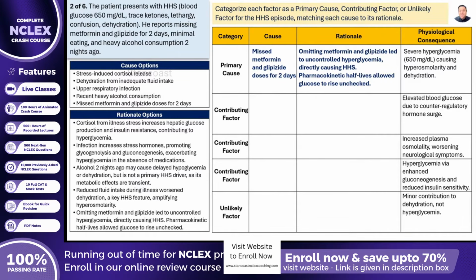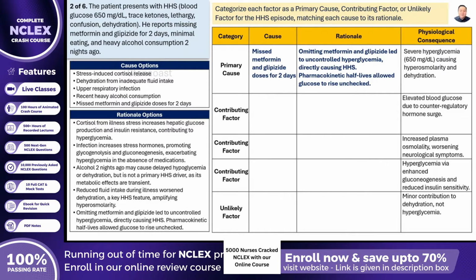This is going to lead to very serious fluid loss and result in the patient's dehydration. And the bottom line here is that missing these two important medications set off the entire chain reaction that led to the patient's hyperglycemia, the dehydration, and eventually hyperosmolar hyperglycemic state. And that's why we call this the main cause.